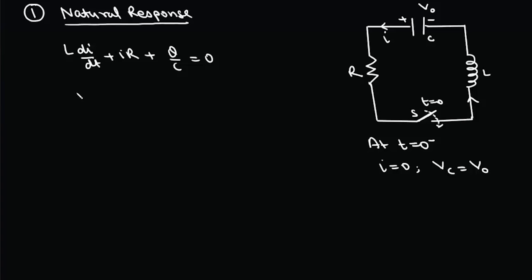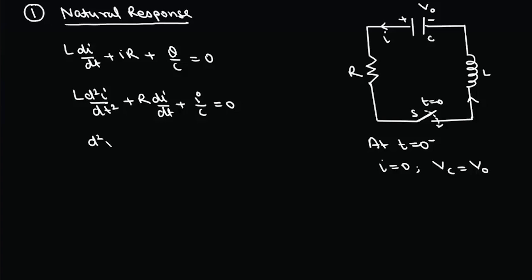Now we differentiate it again. We can write L d square I by dt square plus R di by dt plus dq by dt, which is the rate of flow of charge, and it is nothing but current. So there will be I upon C equals 0.